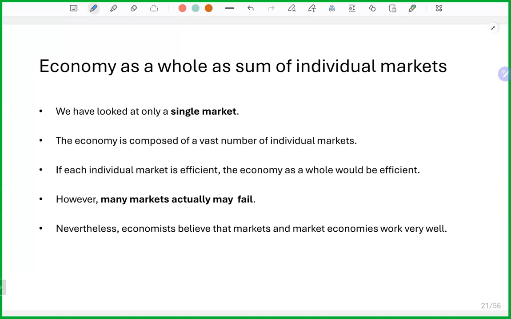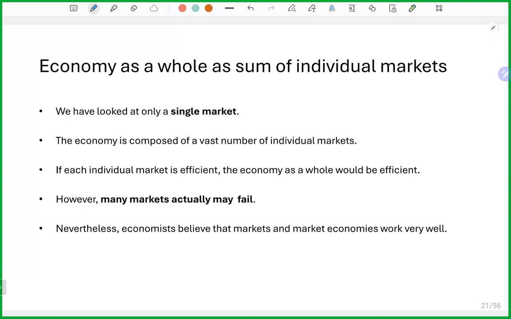So what are the reasons why markets may fail? The first reason is monopoly. The monopolist has an incentive to raise the price and limit the quantity supplied.